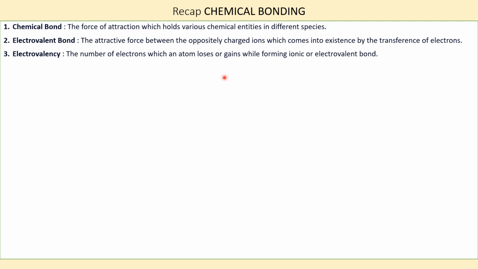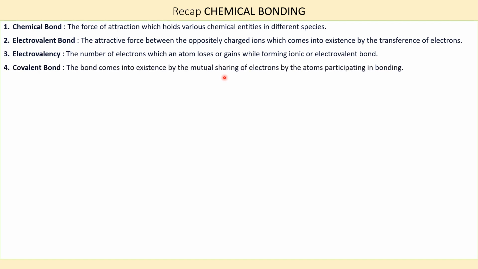Electrovalency is the number of electrons which an atom loses or gains while forming ionic or electrovalent bonds. Covalent bond: a covalent bond comes into existence by mutual sharing of electrons by atoms participating in the process of bonding.